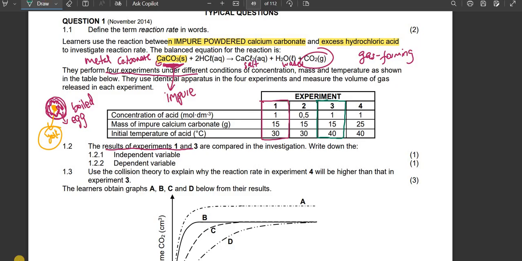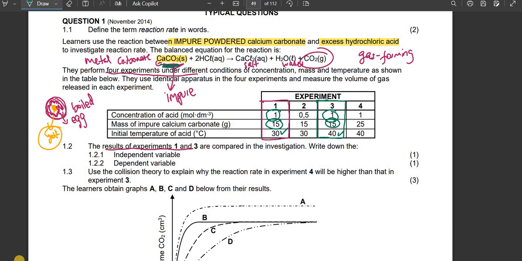So indeed, when you look at it, the concentration in experiment 1 was 1 mole per decimeter cubed. In experiment 3, it was also 1 mole per decimeter cubed. The mass of the impure calcium carbonate that was used was 15 grams, and in here it was also 15 grams. But the temperature was changed. For experiment 3, the temperature was 40. This one was 30.